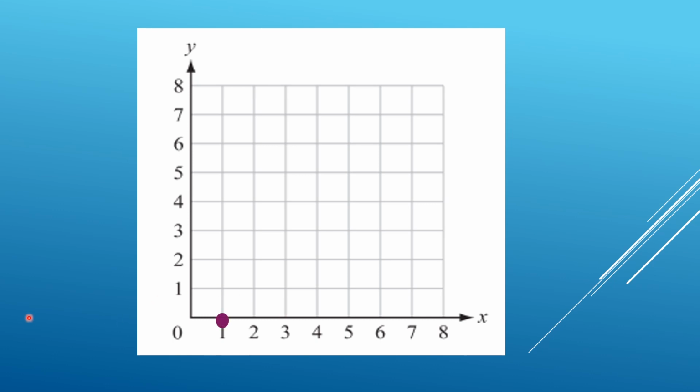Now, let's locate some points. Do you remember what we call this axis? Excellent, it's the x-axis. So I'm placing some points on the x-axis. Now these points are called x-coordinates. Why? Because they are located on the x-axis. Now what if I place some points on the y-axis this way?